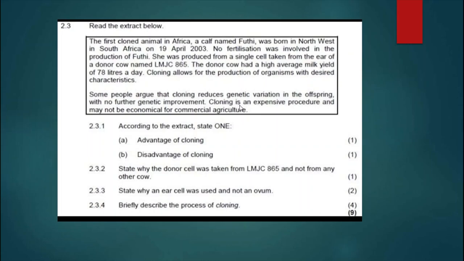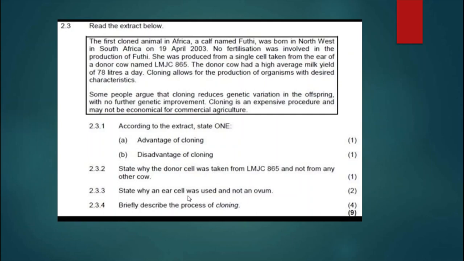State why the donor cell was taken from LMJC 865 and not from any other cow, because this cow has a high average milk yield, or you can say it has desired characteristics. You can take it from the extract. State why an ear cell was used and not an ovum. We talked about this.